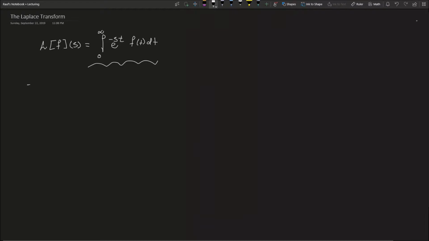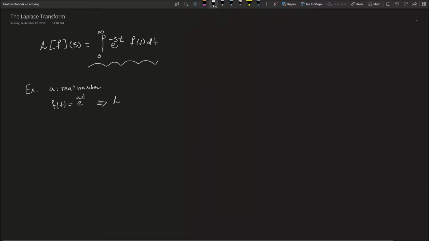Let's take a simple, generalized example. We have a, which is considered a real number. Then you have your function in terms of t equals e to the power of a multiplied by t. Now you want to find the Laplace transform for that function.